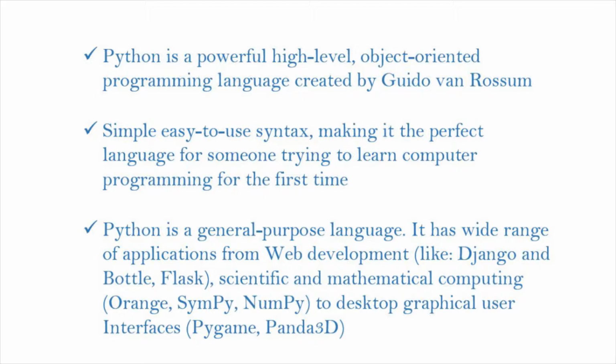For web development, we can create using web frameworks like Django, Flask, Bottle, etc. If you want to do any scientific and mathematical computing, you can use Python libraries such as Orange, SciPy, NumPy, etc. If you want desktop GUI, you can use Pygame, Panda3D.